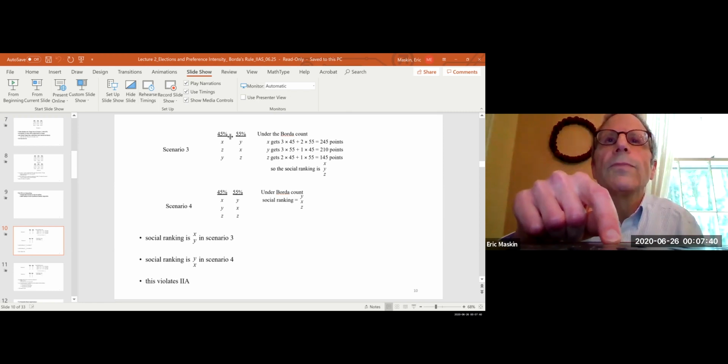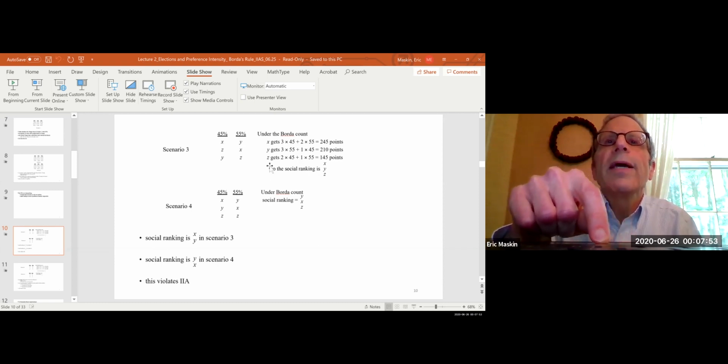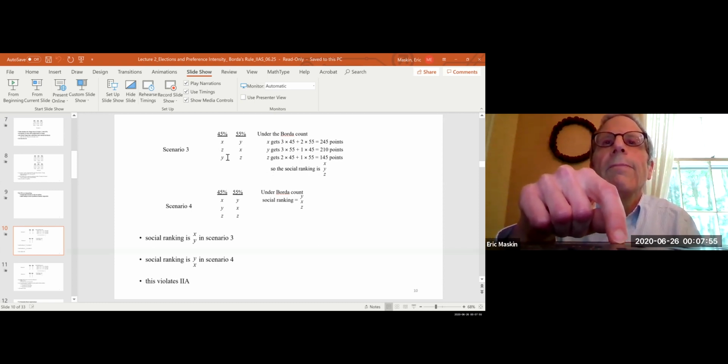So here, in scenario 3, the majority winner is Y. The majority of people put Y first, but X is the Borda winner because Y is way down at the bottom for this first group.